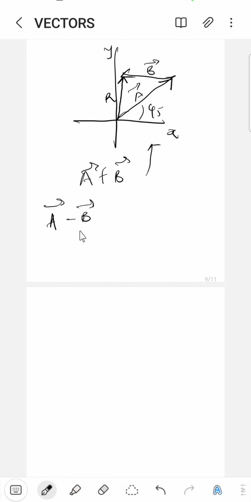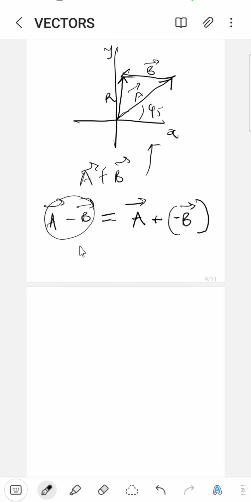Now, minus is a subtraction. So this is subtraction of vectors. How do we subtract vectors? Basically, subtraction of vectors is like the opposite of the addition, right? So this basically would have been written as vector A plus negative vector B. Now, negative vector B only means that it is in an opposite direction.